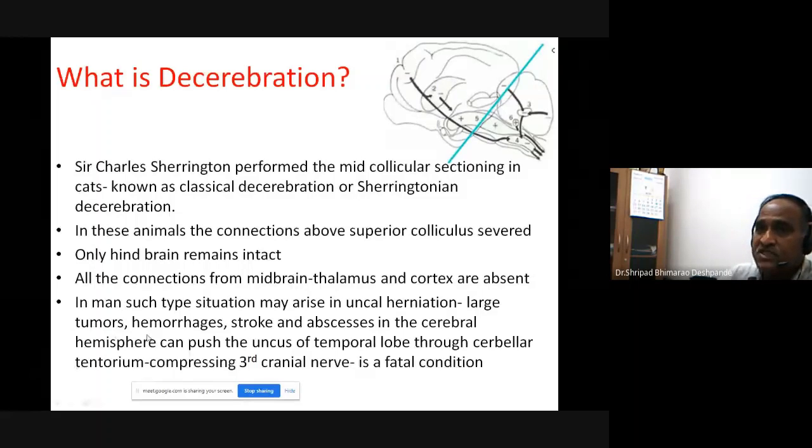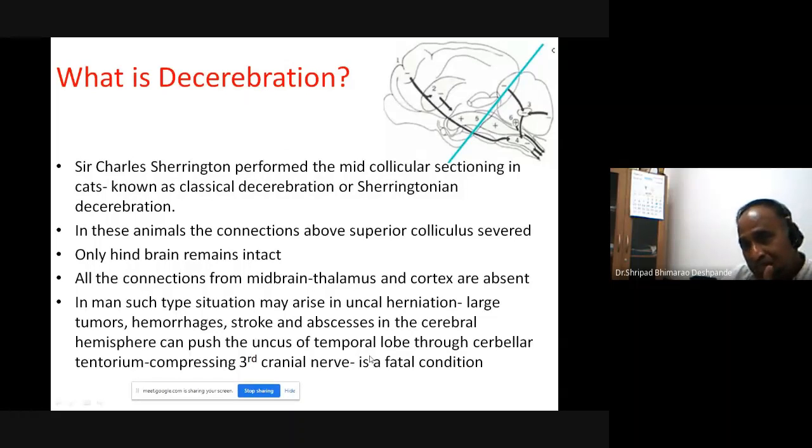Large tumors, hemorrhages, stroke, abscesses can push the brain into the tentorium, the cerebellar tentorium, and the entire brain will be herniating, and that would produce a type of lesion which is similar to decerebration.